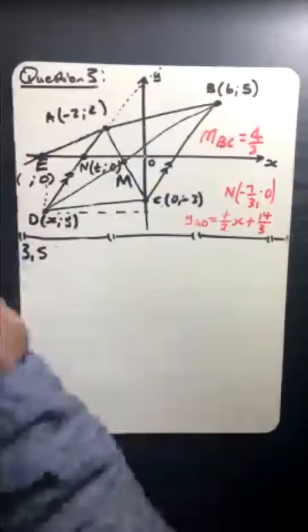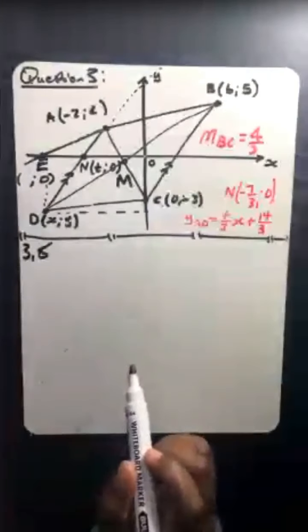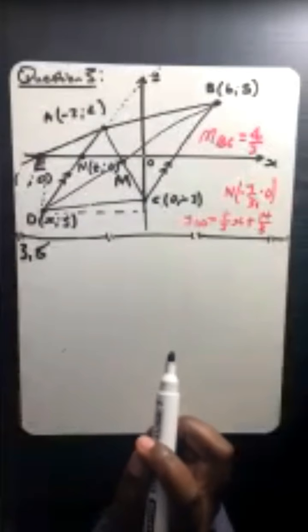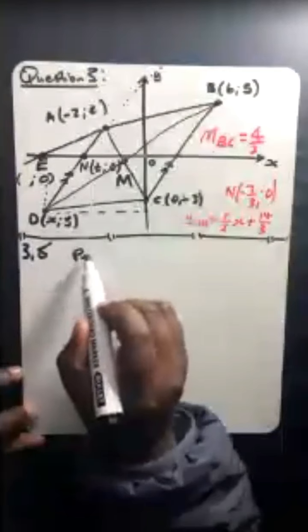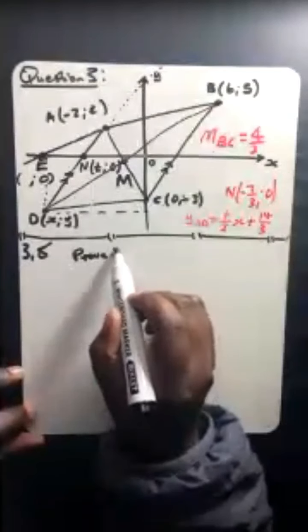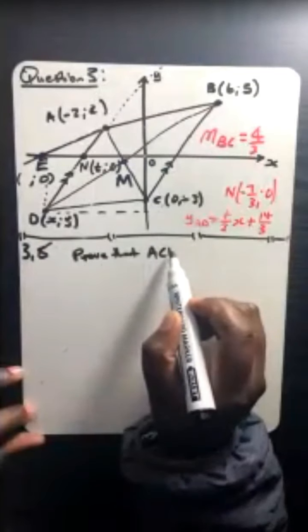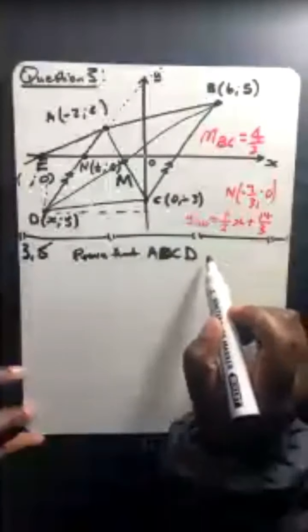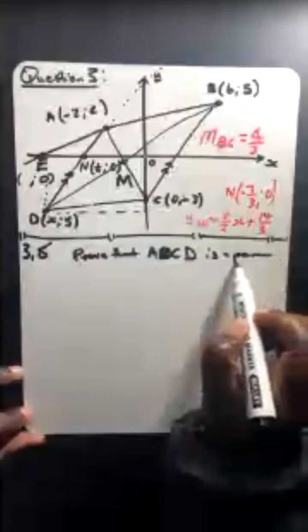So obviously, this is question 3.6. This question is allocated a lot of marks, guys. 19 marks, it's a lot. So they say prove that ABCD is a parallelogram.